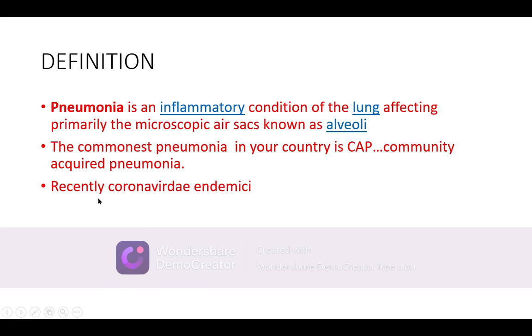Now, recently the coronavirus has been added. This is an important point to be ruled out before you diagnose. Everybody is afraid of it, because coronavirus primary pneumonias are a very characteristic type of pneumonia.